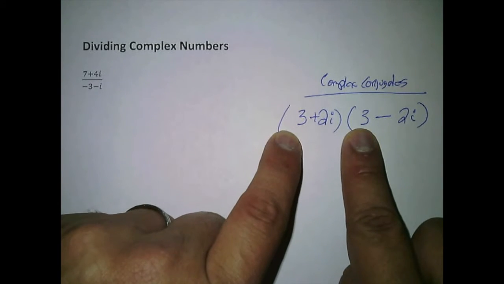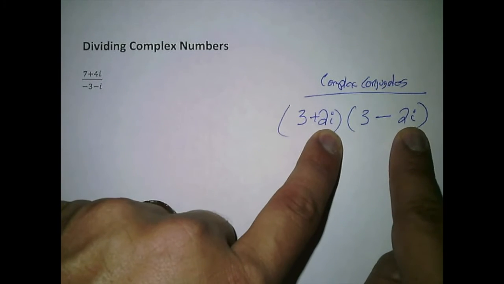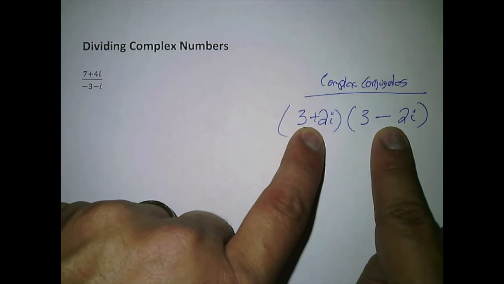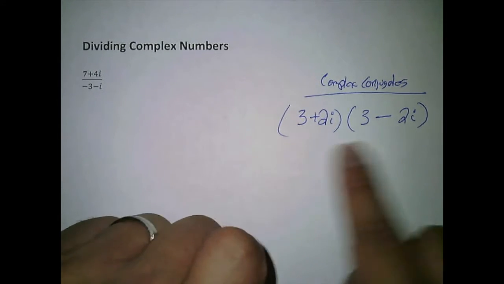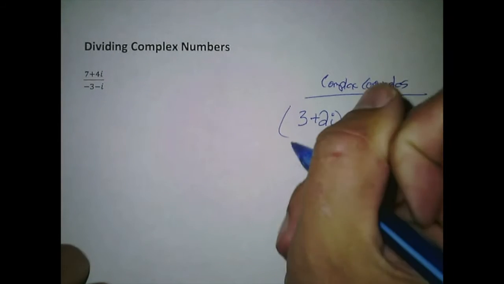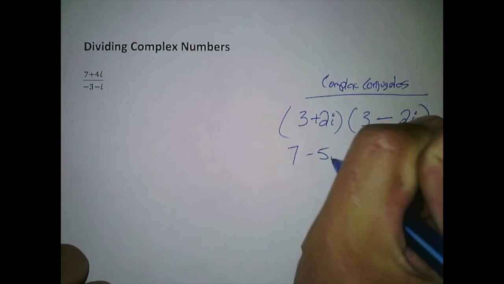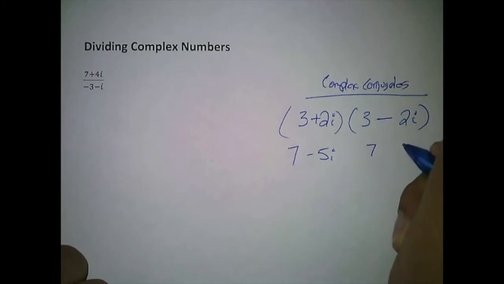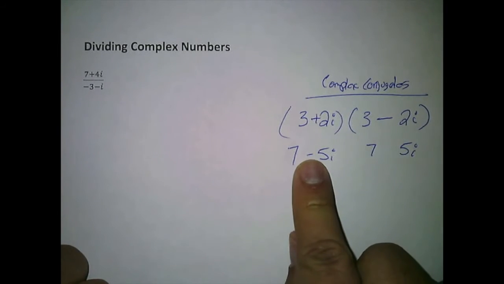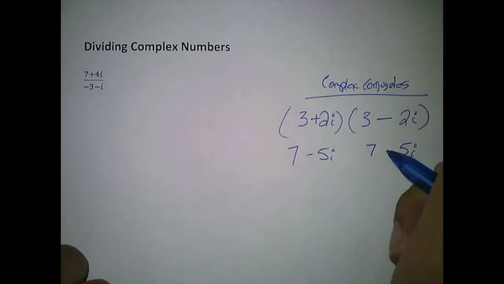The real part is the same, the imaginary part is the same. All I changed is one of them is addition, one of them is subtraction in the middle. Another example, if you had 7 minus 5i, I'm going to keep the 7, keep the 5i. I had subtraction already, so now I'm going to use addition.